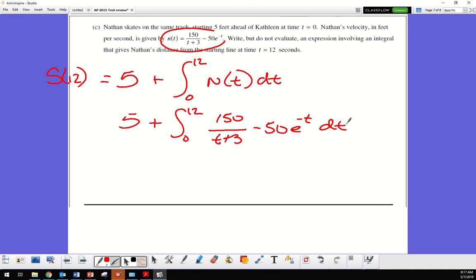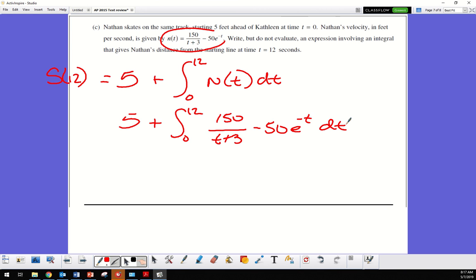So I just add this. He's got a head start of 5 feet, but they're starting at the same time, t equals 0. If his starting time was different, like I start and 2 seconds later the other guy starts, a staggered start time, that's when you do stuff like that.